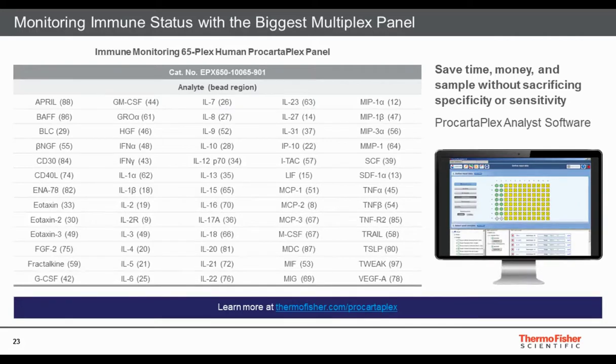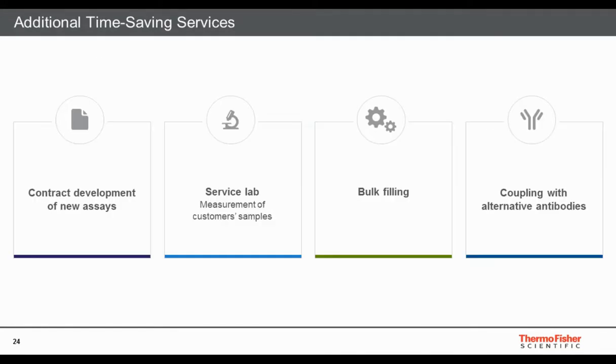So the high-quality antibodies we generate and develop in-house are really essential to end up with such a big multiplex panel.